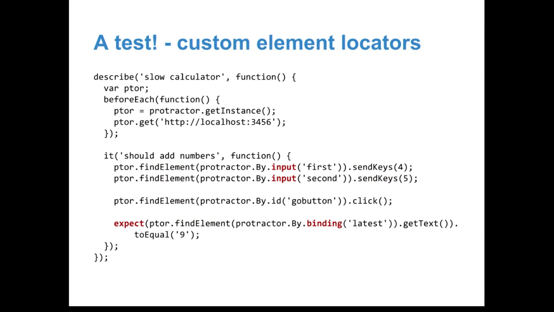Another thing that Protractor is adding here is custom element locators. So instead of finding elements by CSS or XPath, or artificially adding IDs to your application just for your testing code, you can grab by things that you know are going to be there because it's Angular. You have an ng-model for your inputs, and you have bindings with your little mustache.